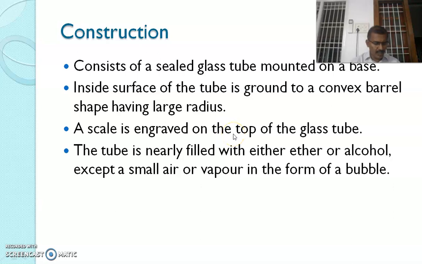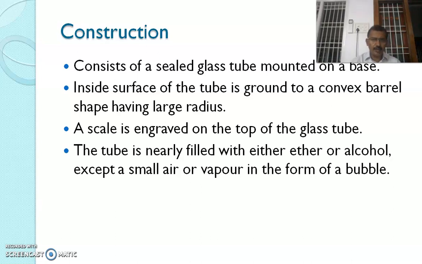It is filled almost completely with liquid, leaving a small space for the formation of an air or gas bubble. The glass tube is almost filled with low viscosity fluids such as ether, alcohol or benzol.